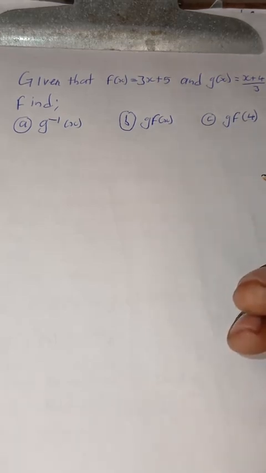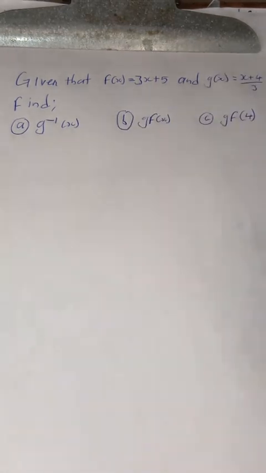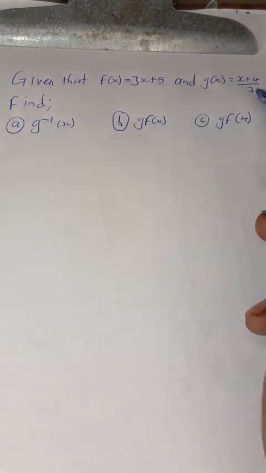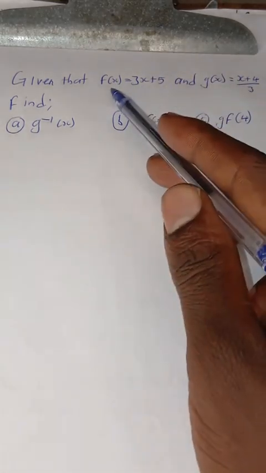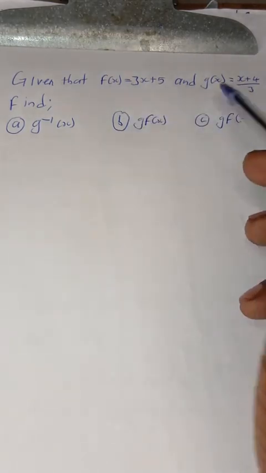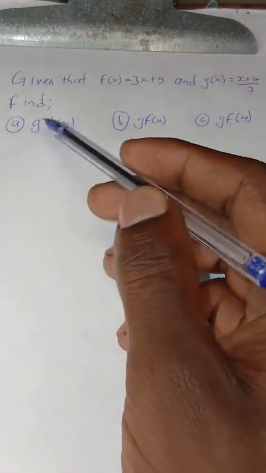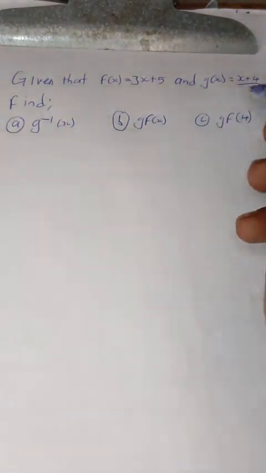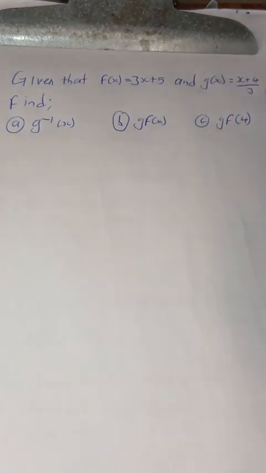Without wasting much time, all we need to know here is where the functions are. This is the function f, this is the function g. They're asking us to find the inverse of the function g, so the function that we're dealing with is this one.